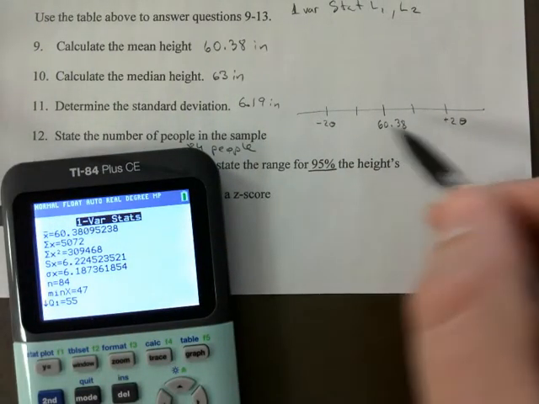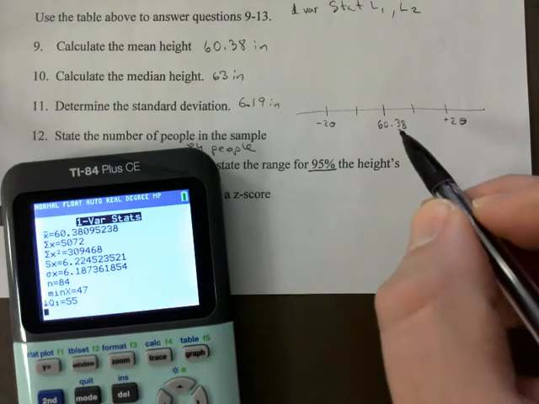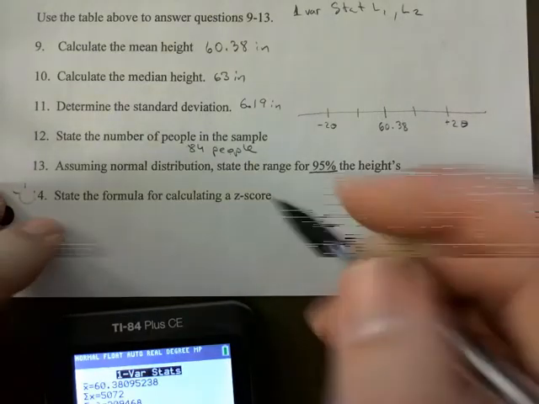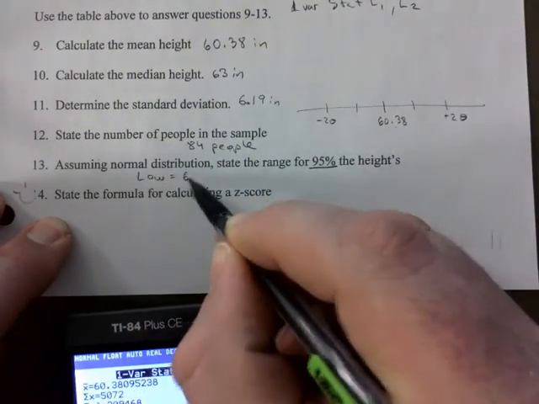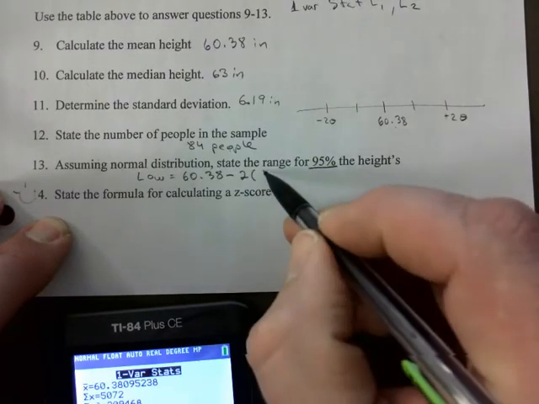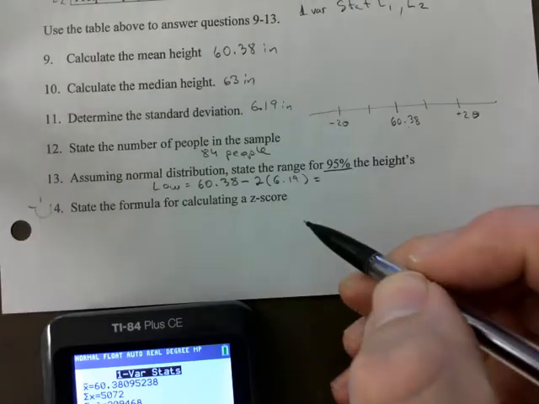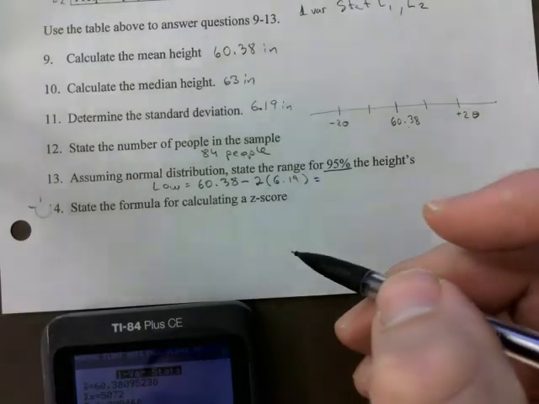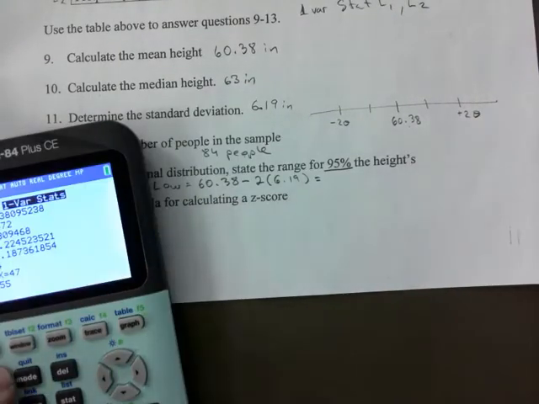This is probably a bit more work. What you could do is simply do this, right? The low is the average minus 2 standard deviations, which is 6.19. Okay, and that gives you, I think, 48 exactly. I'm just going to double check.